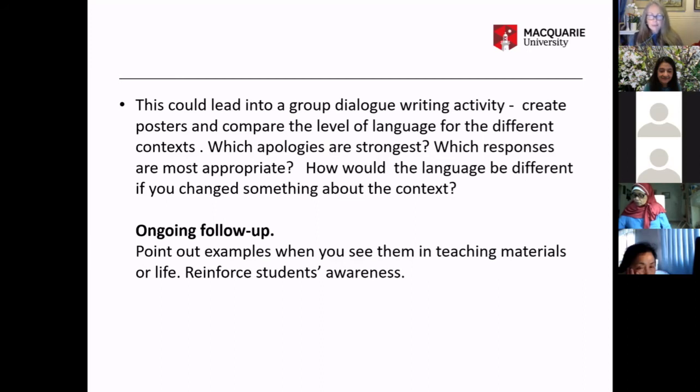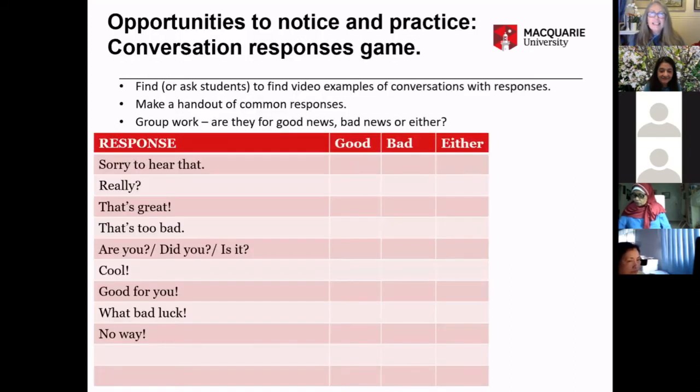Here's another example. I know I'm going to have to go through these a little bit quickly, so forgive me, but you will have the PowerPoint to look at them later. This is an example of a game. Now, one of the aspects of pragmatics that I haven't talked about in a lot of detail here is how you organize a conversation and how, when somebody says something, how do you respond to what they say? So if I say, oh, my cat died, right?